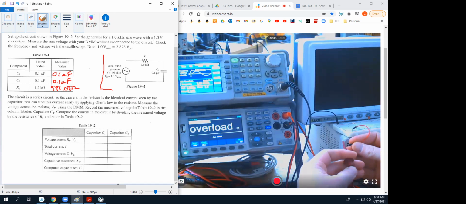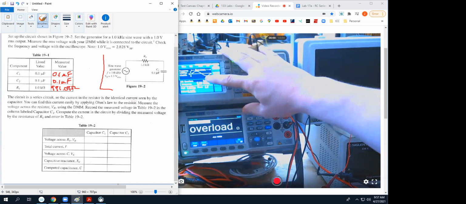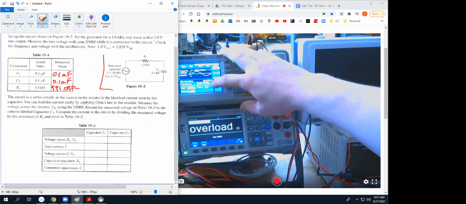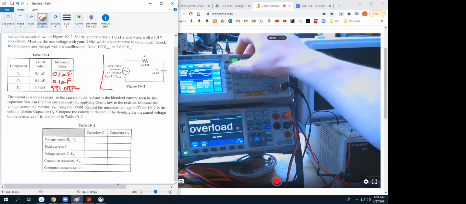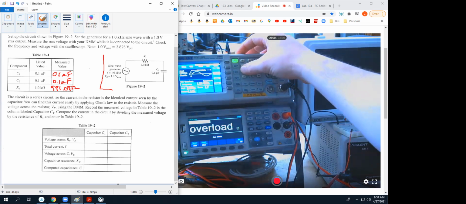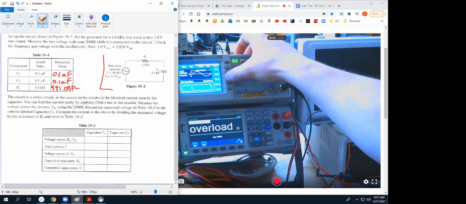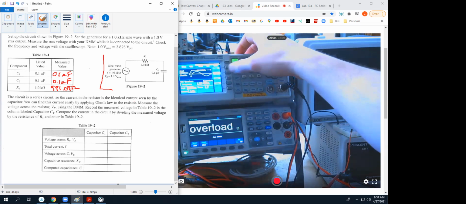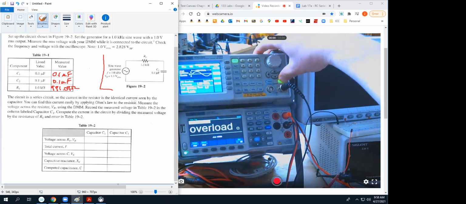And what do I want? 1 kilohertz. You can't read mine, but this is 1 kilohertz. And the amplitude of 1 volt RMS. So 1 kilohertz, 1 volt RMS, and I'm going to turn that output on.